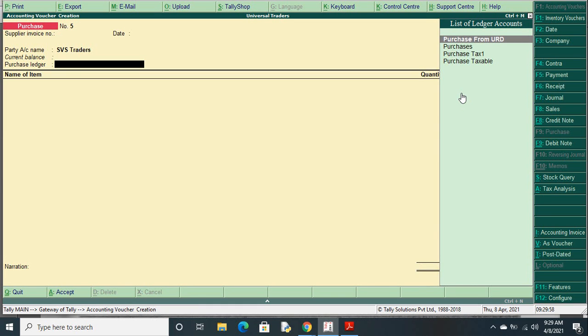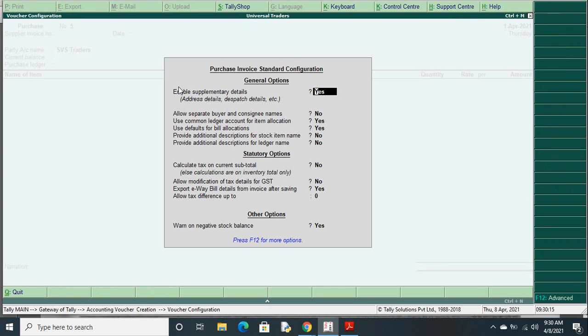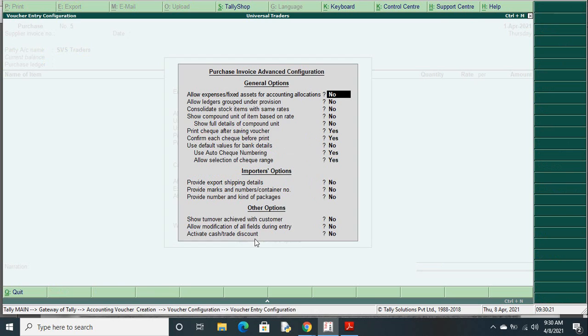See, when we are dealing with different types of goods, in the sense one good's percentage is 18% and another one is 5%, in that case you have to remove this purchase ledger option from here. So how to remove it? First go to F12, and next here you have to disable one option, use common ledger.